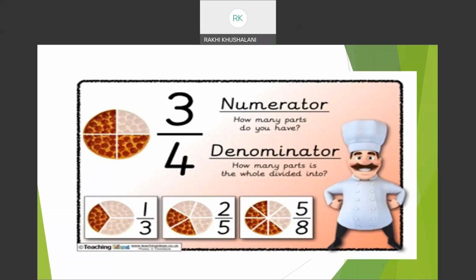A pizza is divided into 3 parts and I'm talking about 1 part of it. A pizza is divided into 5 parts and I'm talking about 2 parts of it. A pizza is divided into 8 parts and I'm talking about 5 parts of it, right?